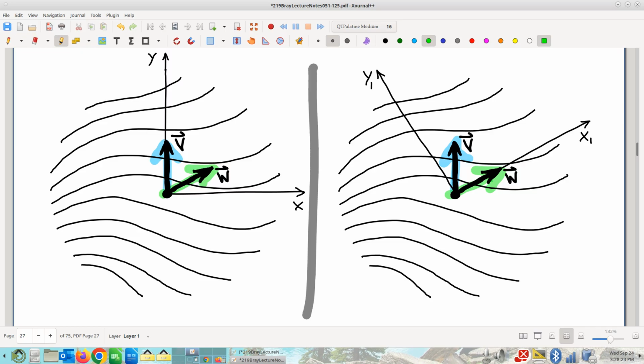I'm just going to be hiking around on this hill, and maybe for whatever local reasons, maybe it makes sense to talk about these as being your axes. In which case, V, same vector. We're on the same hill, we're at the same point, we're looking in the same direction, nothing's changed. But now V is not a standard basis vector. Does that make sense? Everybody with me?